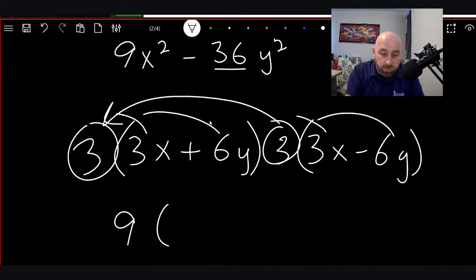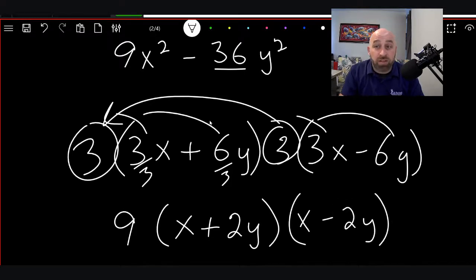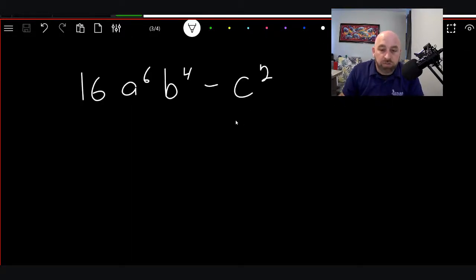And look what I'm left with. So I divide by 3, and I'm left with my x plus 2y, x minus 2y. That one's pretty tricky. You've got to take the common factor out sometime, and that one's a tricky one where you could do it at the beginning or at the end. I'm telling you, it's worse if you do it at the end. My suggestion is to always take out common factors at the beginning. That will save you much pain and much heartache. Trust me.